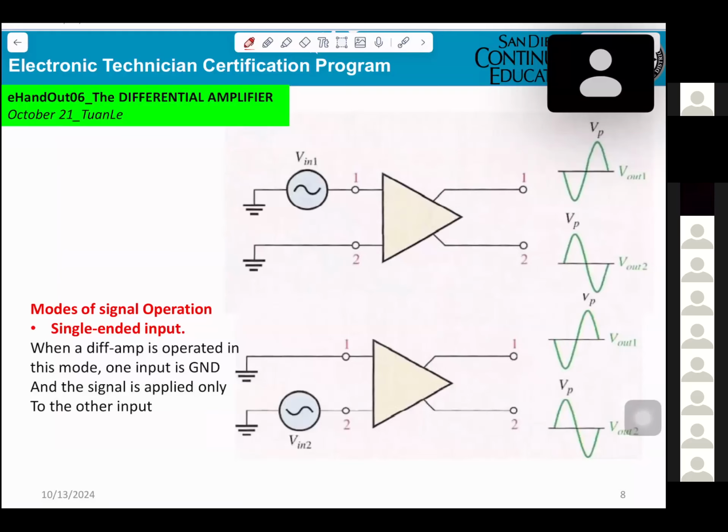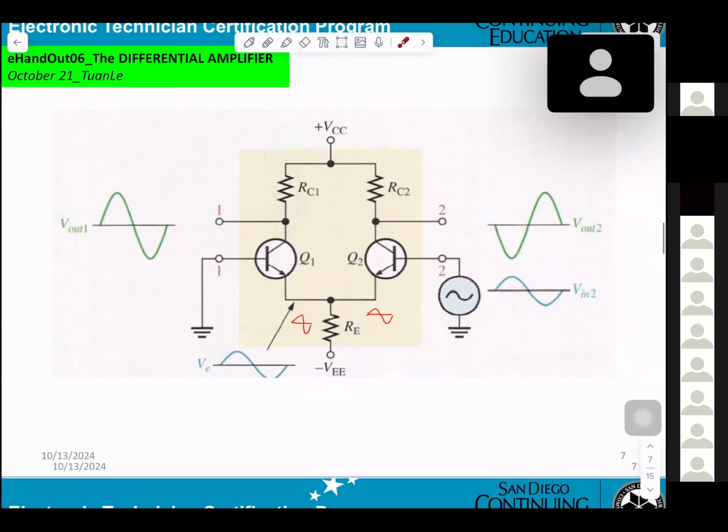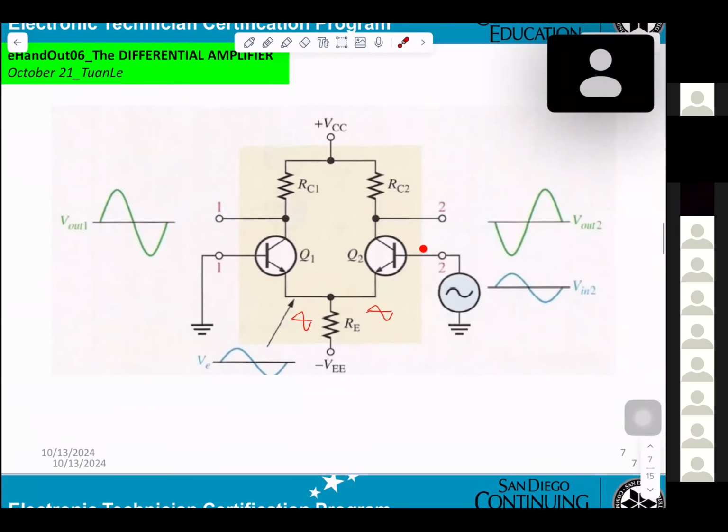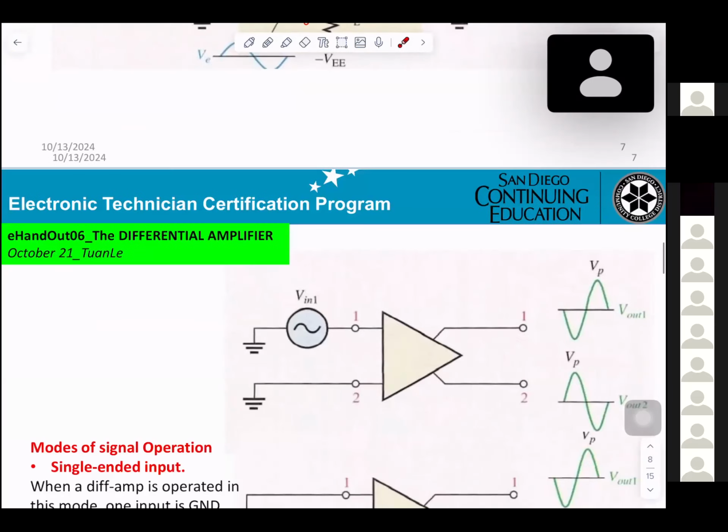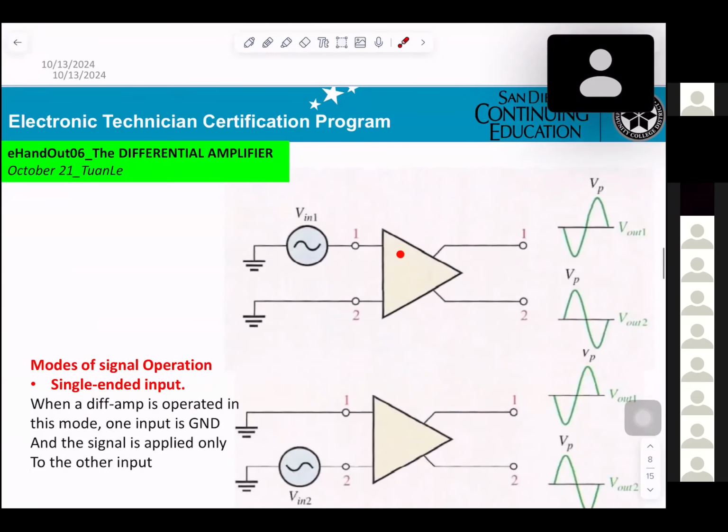Okay, so single mode, that means instead, this is a circuitry symbol for a differential amplifier. You get one input, you get two input, exactly the same here. Okay, everything circuitry here will be inside this symbol.